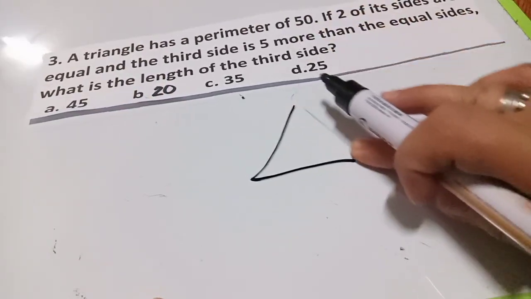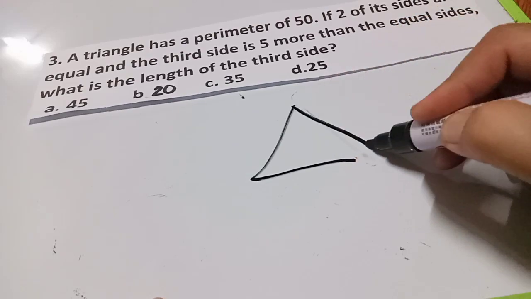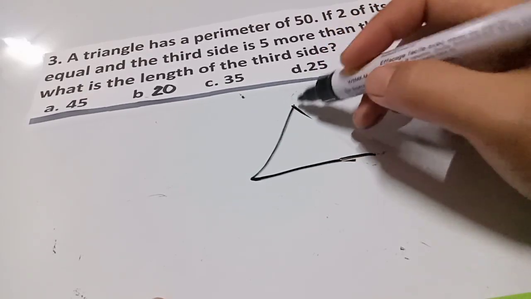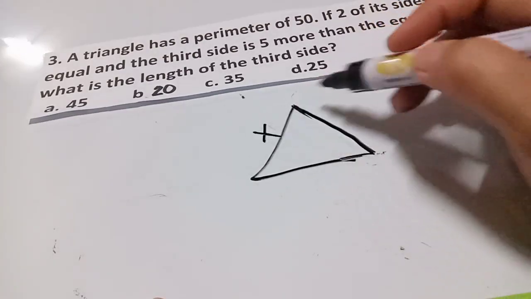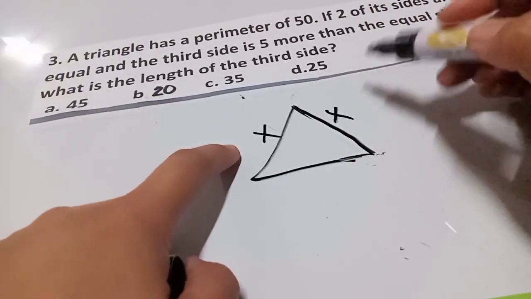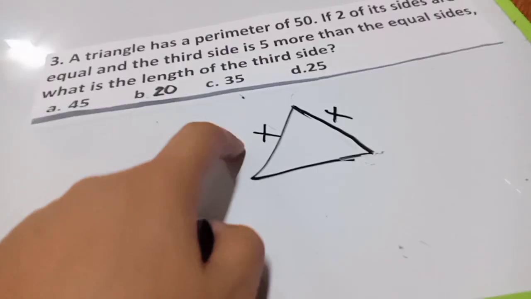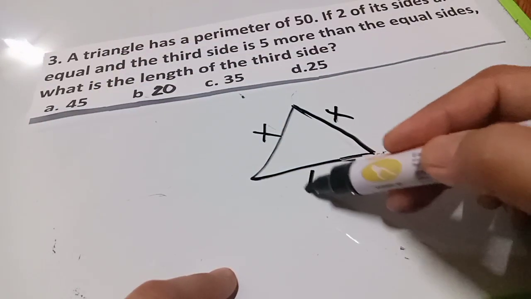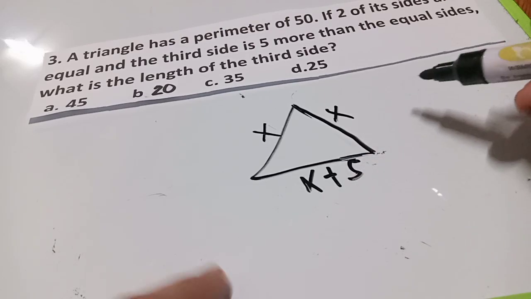So let's try to draw both equal sides. This is represented as x, first, second, and the third side is 5 more, so x plus 5.